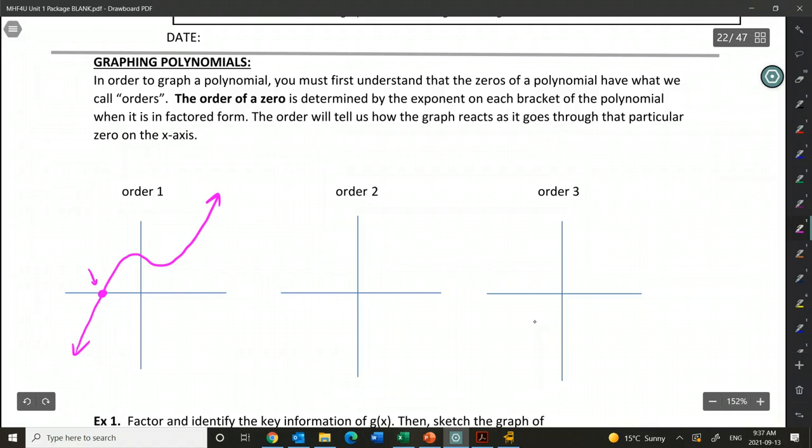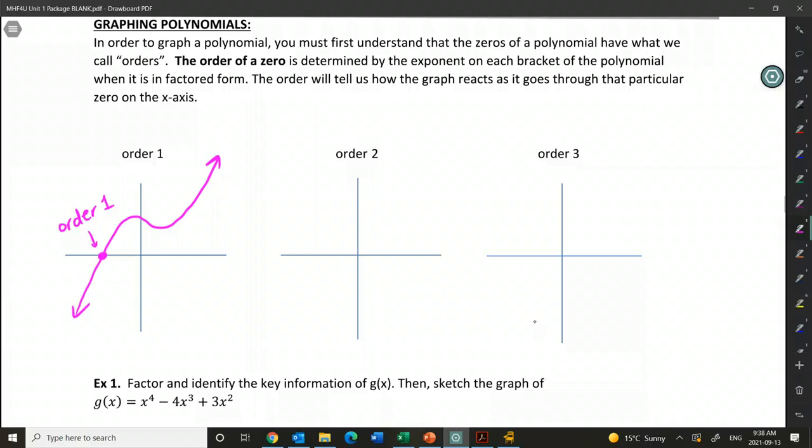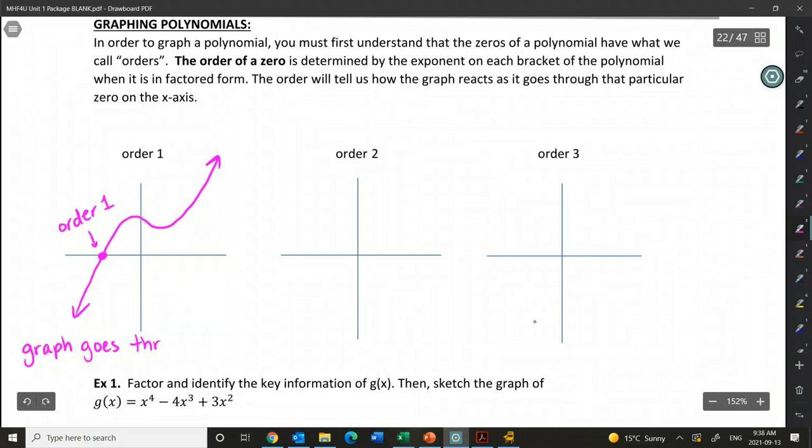So this is an example of an order 1, 0. Okay, and the graph goes straight through the x-axis, or slightly curved or whatever, but it will go right through the x-axis at that location.